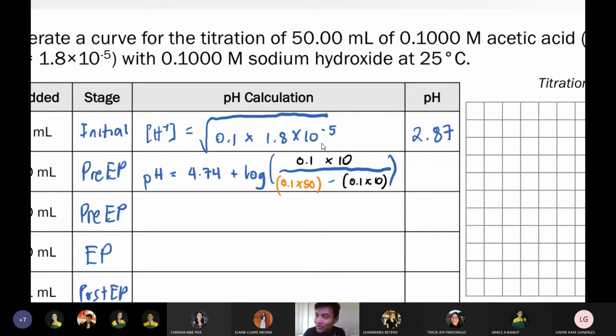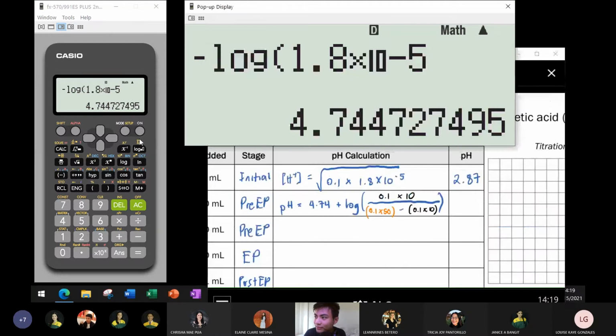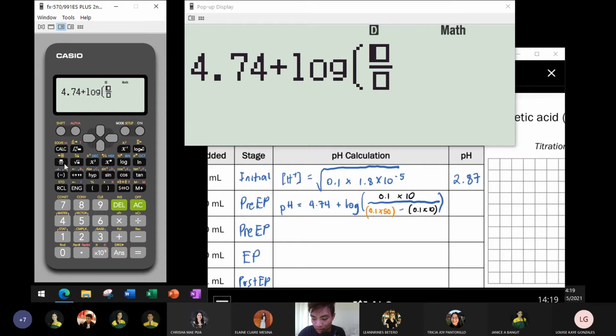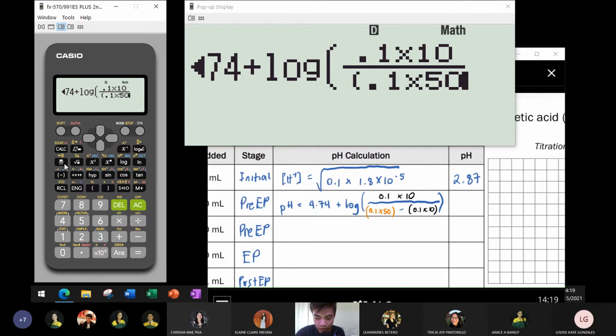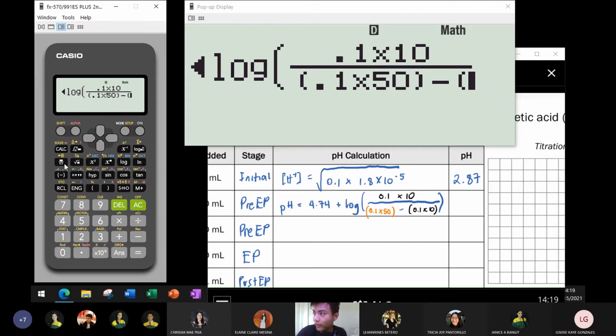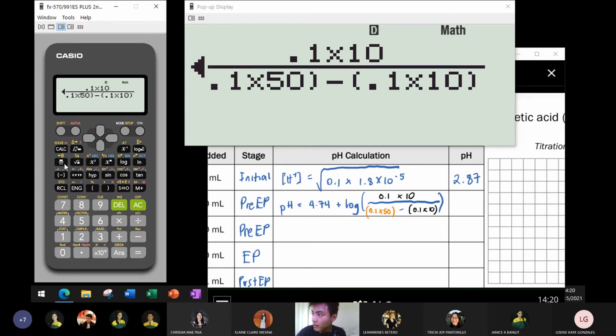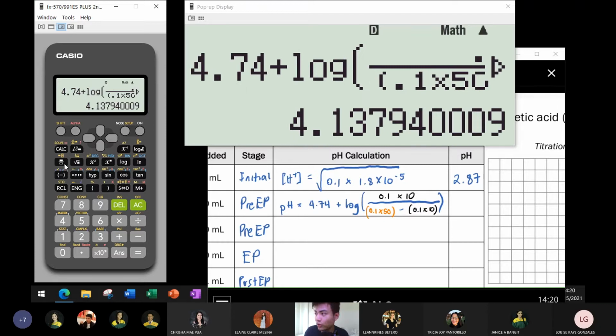So that's 4.74 plus logarithm fraction 0.1 times 10 nasa taas, nasa baba open parenthesis, 0.1 times 50 close, minus open 0.1 times 10 close, enter. Sagot is 4.14.